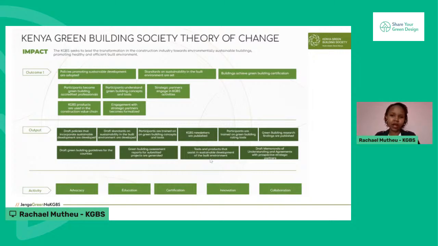What do I need to have in my project? Who are the people who are going to help me achieve this? And what are the materials that I'm going to use that are going to be sustainable, as part of making the entire project more sustainable as compared to just using what is conventional in the practice?